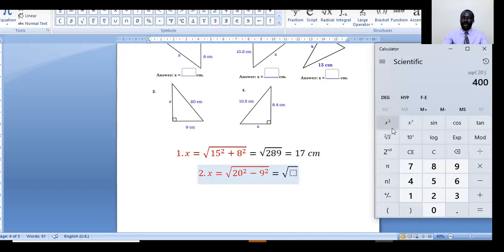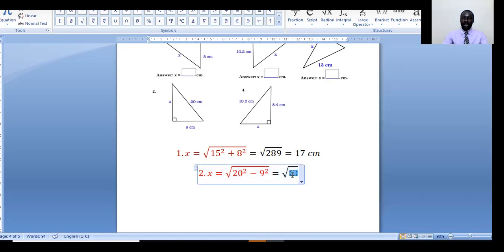What is 20 squared? 20 squared is 400. 400 minus 9 squared. Notice that 9 squared is 81. So 400 minus 81 must give us a value of 319. And so right inside our bracket here, we'll be having 319.